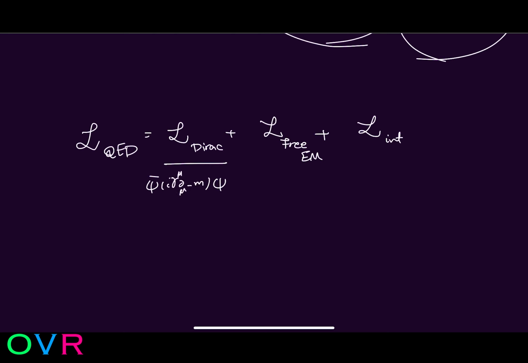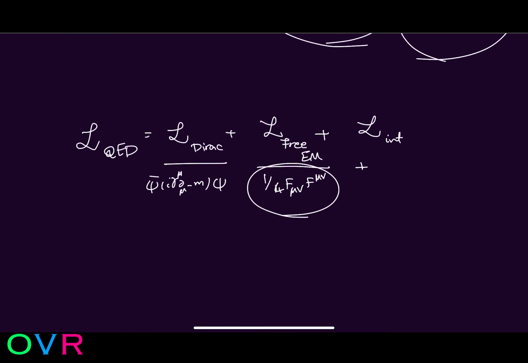The second term is also interesting. It's a pure gauge field, or non-interacting. The free form of it is like that, or maybe like this. F mu nu is the electromagnetic tensor, and this represents the whole free electromagnetic wave in different gauge.